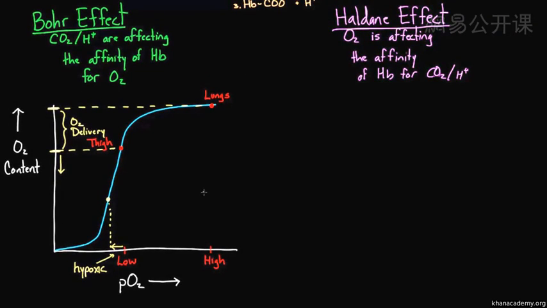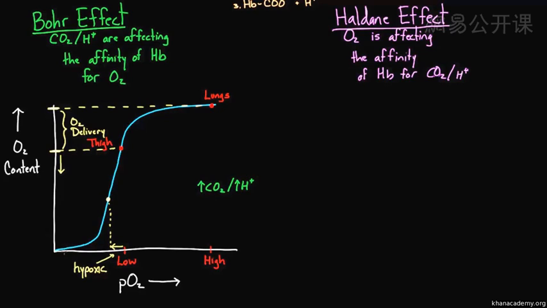So remember, the Bohr effect said that CO2 and protons affect the hemoglobin's affinity for oxygen. So let's think of a situation. I'll do it in green. And in this situation, where you have a lot of carbon dioxide and protons, the Bohr effect tells us that it's going to be harder for oxygen to bind hemoglobin.